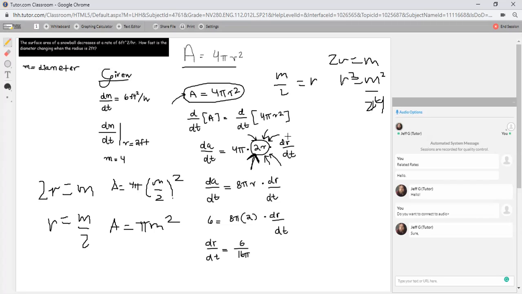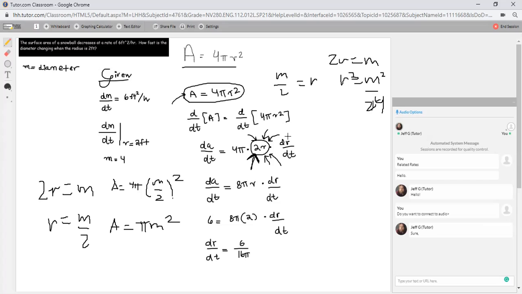I still would be doing dr dt, so we'd have to figure out. 2r is equal to m, so if I took the derivative, I would have 2 dr dt equals dm dt. So yeah, I think I would have to.